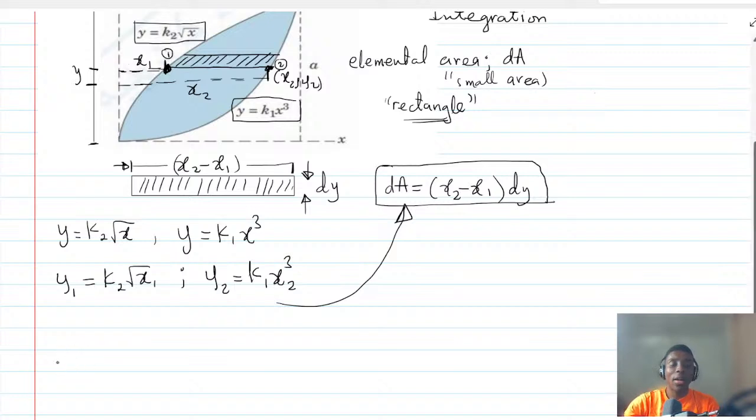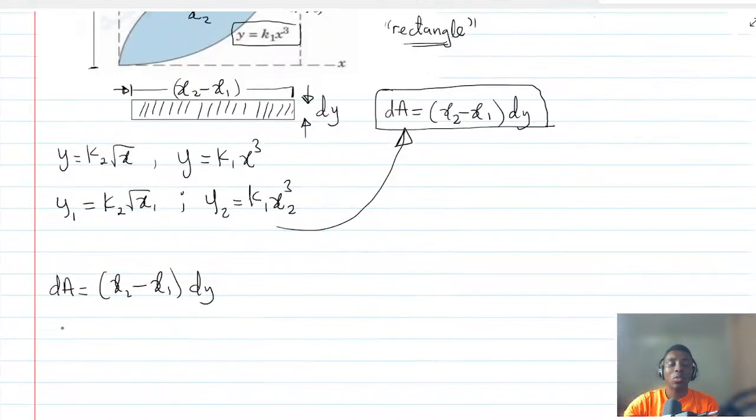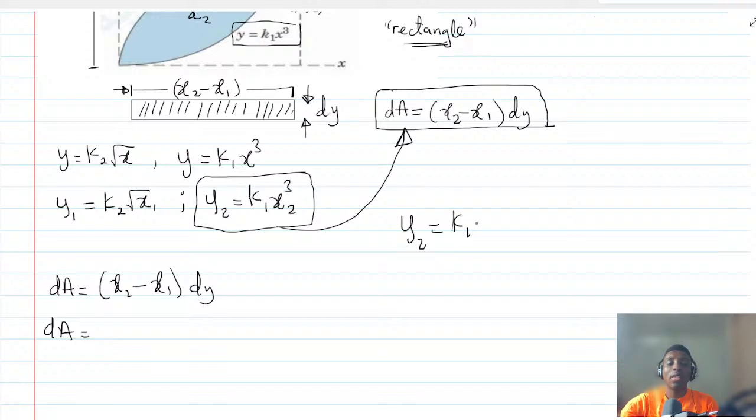Now at this juncture, we can substitute these values directly, so that our dA, which is our elemental area, is going to be what? x2 minus x1 dy, which can also be written as what? So from here, what is x2? If I solve for x2 from here, I know that y2 is k1 x2 cubed.